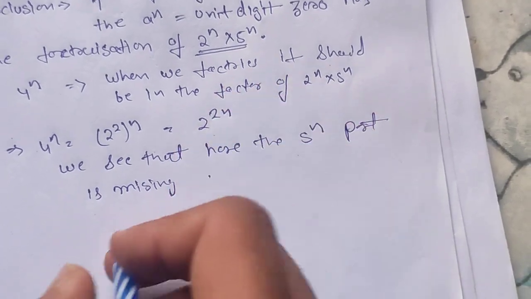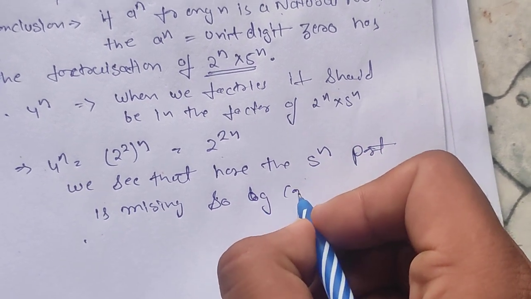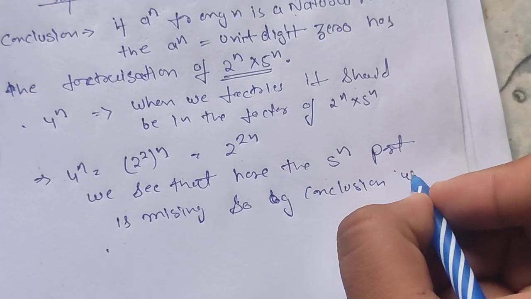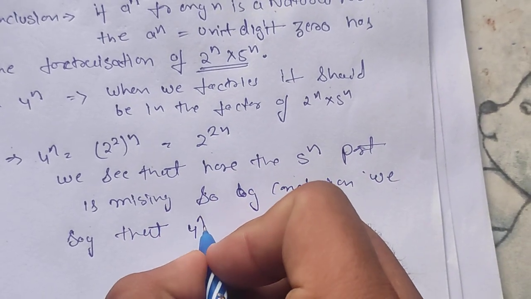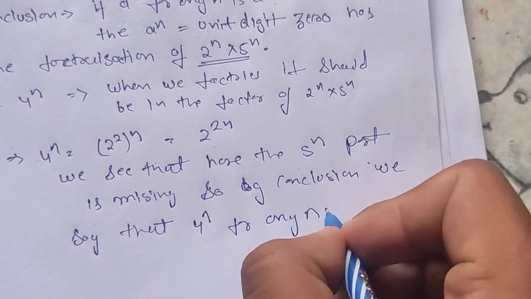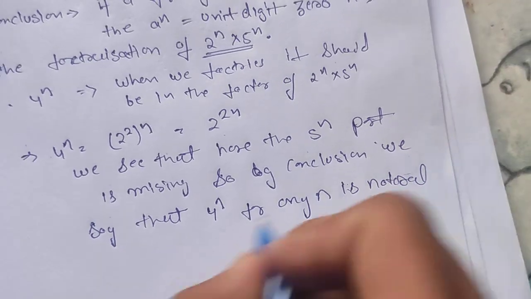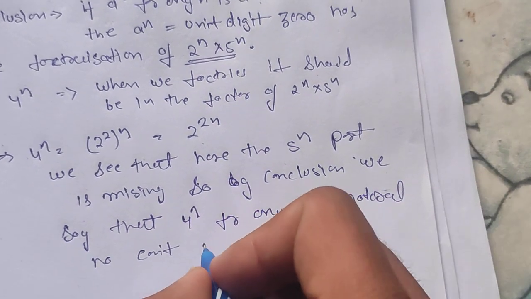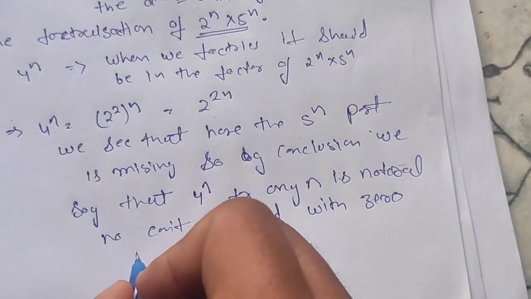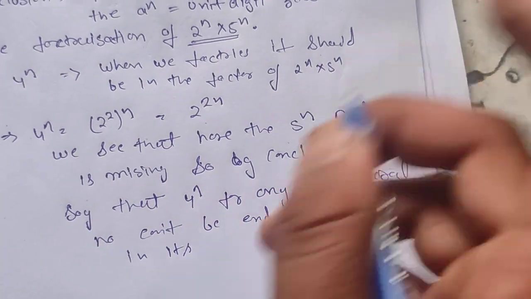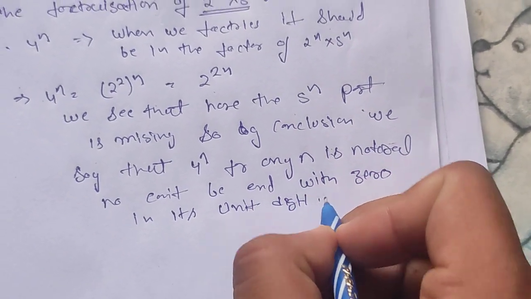By our conclusion, we say that 4 to the power n, for any natural number n, cannot end with 0 in its unit digit. That was the overall answer.